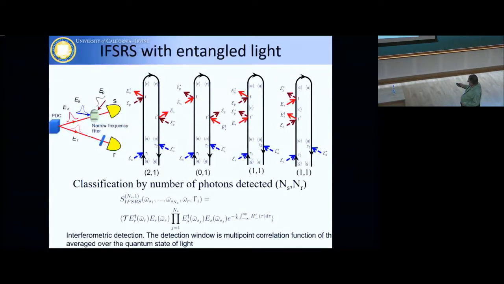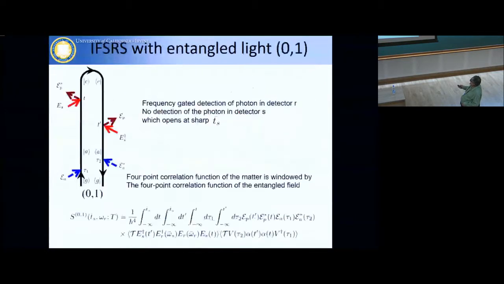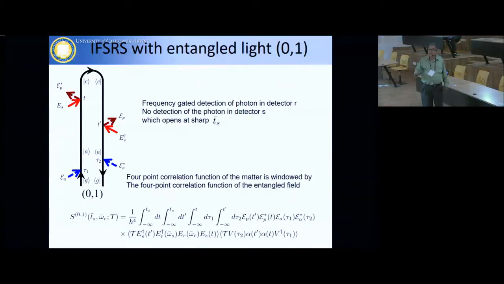Right. So when you formulate it, you need to calculate a certain correlation function of the field in order to get these different signals. So for the 0, 1, it turns out that you need a 4-point correlation function of the field. This is 2 S fields and 2 R fields.